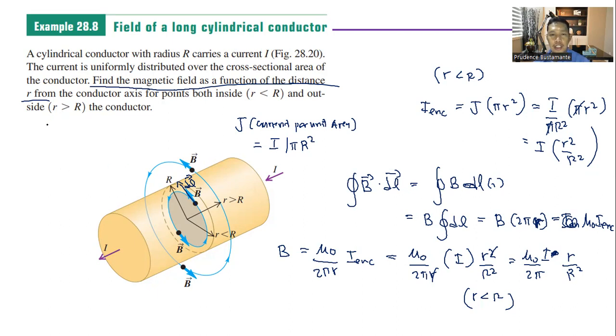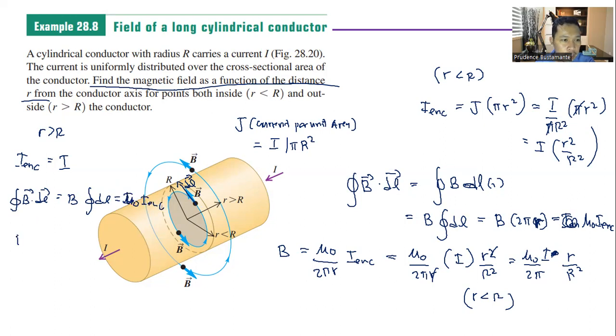How about in this part, at a point when r is greater than R? Okay, we know that the I enclosed in this particular case is just the whole current I. So from the definition, the integral of B dot dl is B times the integral of dl, equal to μ naught I enclosed.